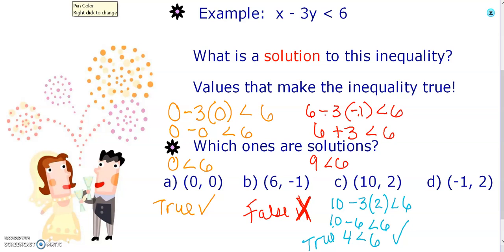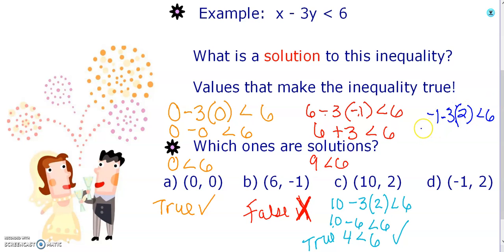We'll also try that last one, (negative 1, 2). I'm going to do the work up here again. So I've got negative 1 for x, minus 3, and plug in 2 for y. I somehow wrote that very weird, so let me fix that. We've got, again, negative 1 minus 3 times 2.